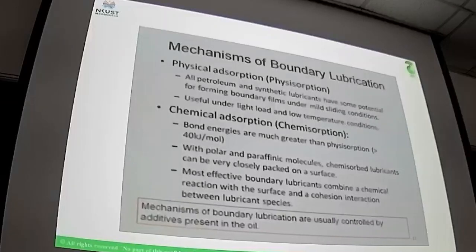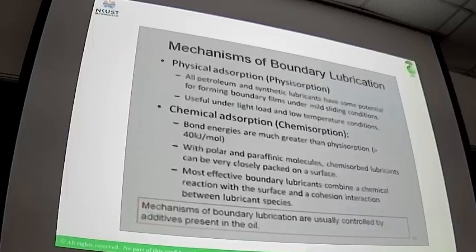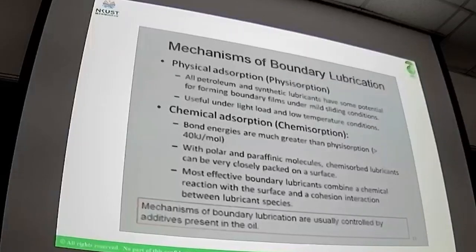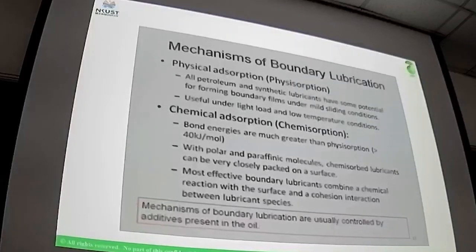So this is called physical absorption, and this is chemical absorption, or chemisorption. It's called chemisorption because the bond energies are much greater than the physical sorption. Okay.